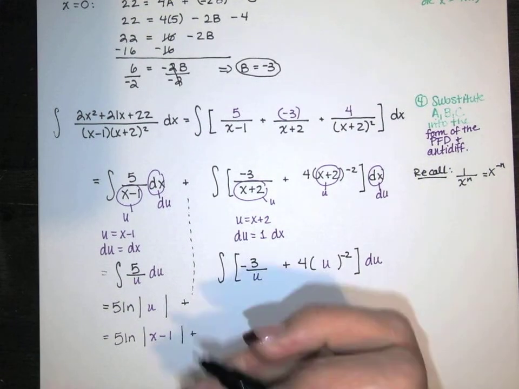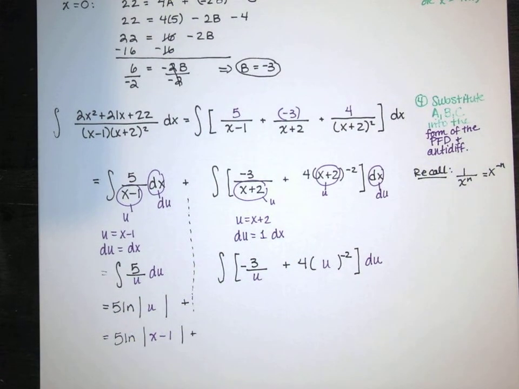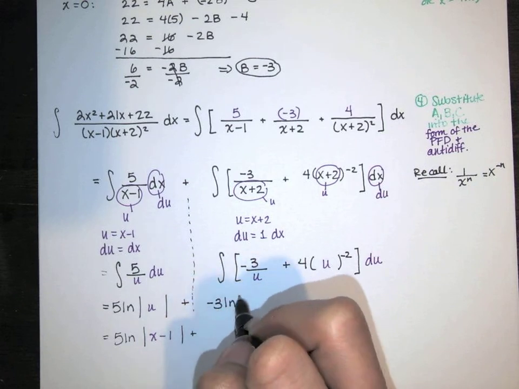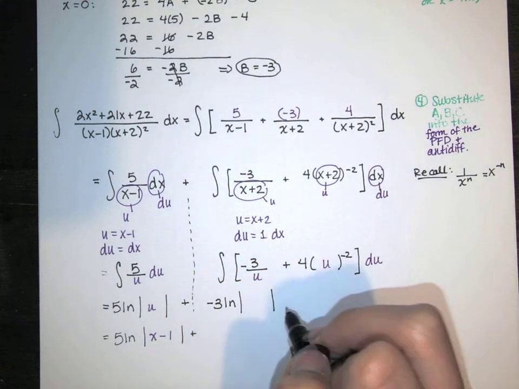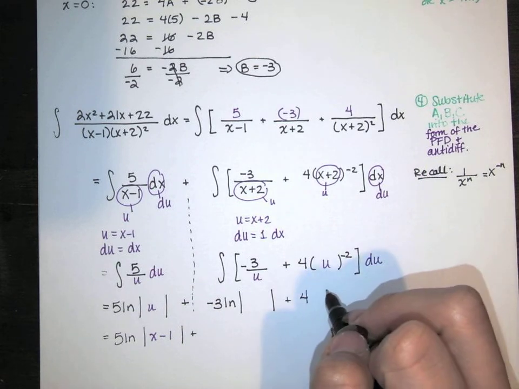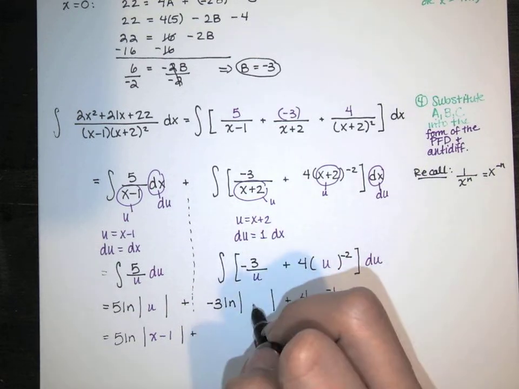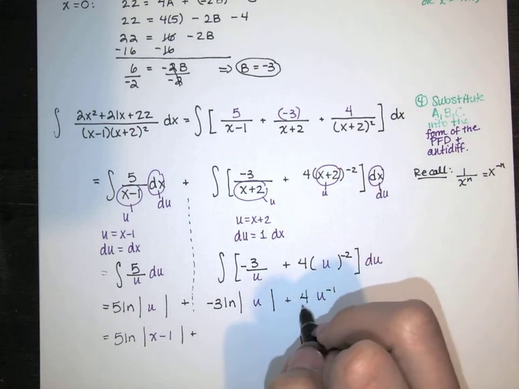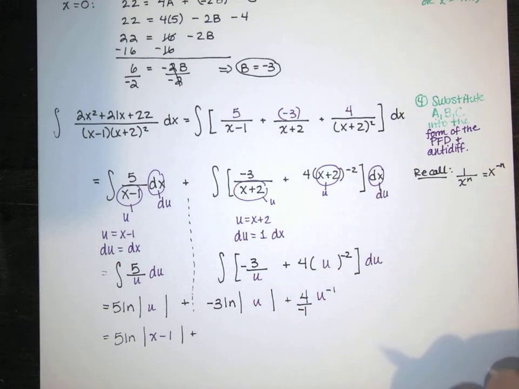Okay. Now we antidifferentiate with respect to u. So I get -3 times the natural log of the absolute value of u. Over here, bring your 4 down. Add 1 to the exponent. Excuse me. And then divide by the new exponent. And then don't forget to add c.